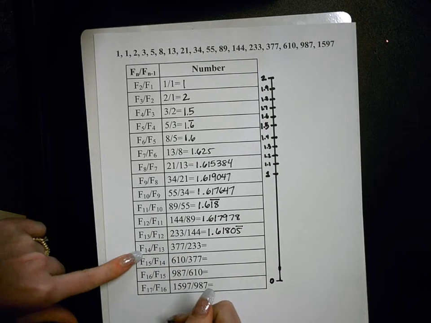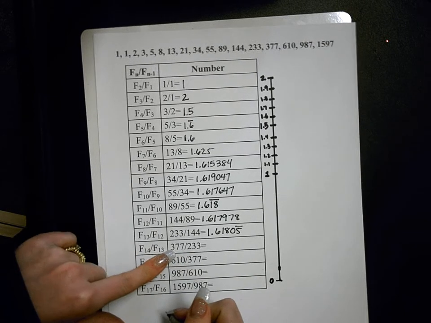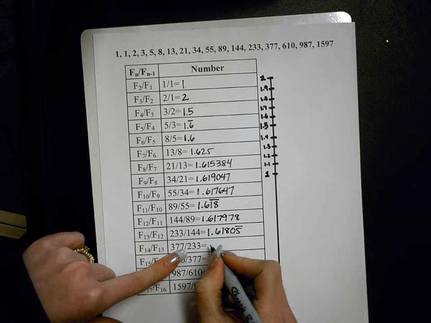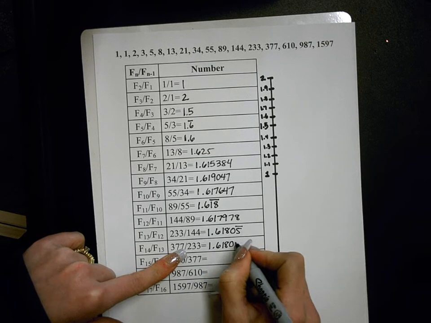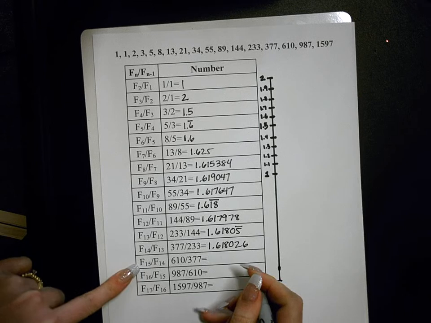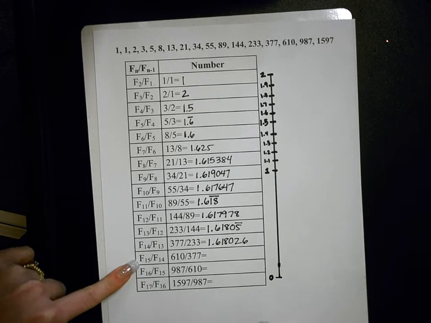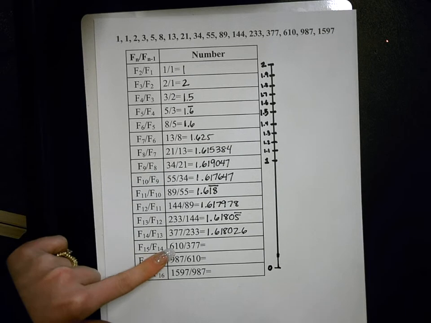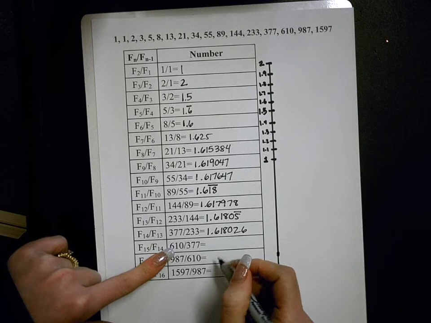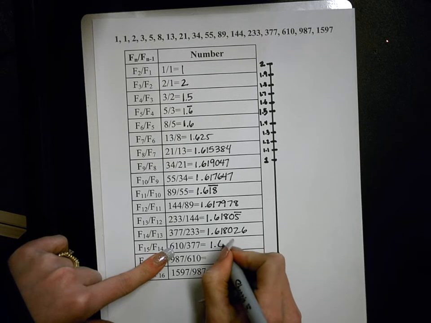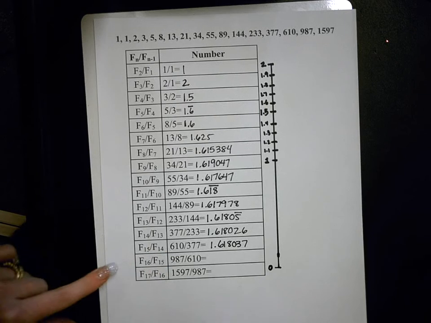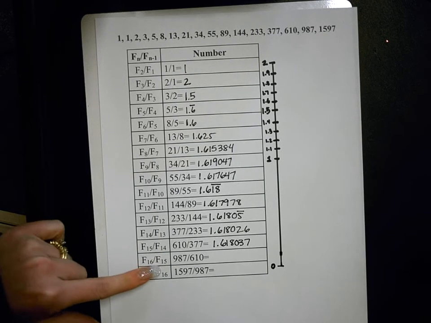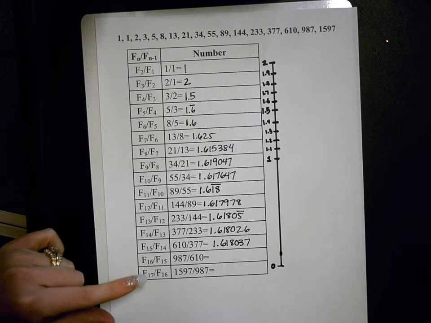The 14th divided by the 13th, 377 divided by 233, would be 1.618026. And then the 15th divided by the 14th, 610 divided by 377, would be 1.618037.